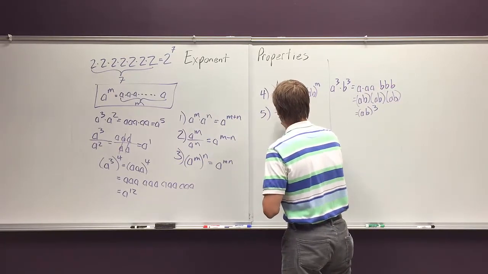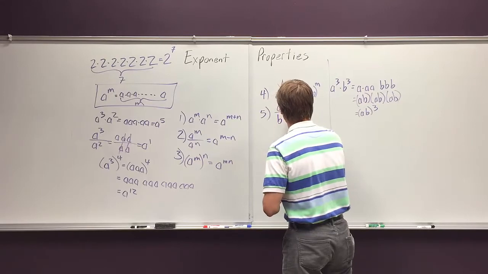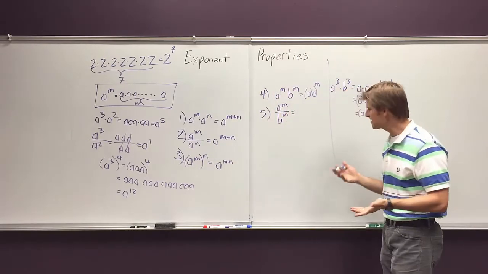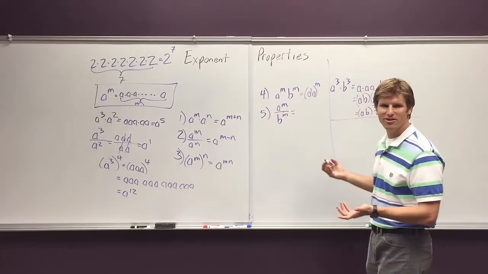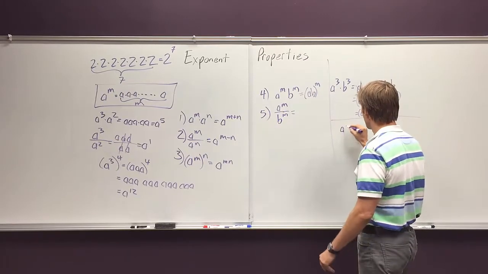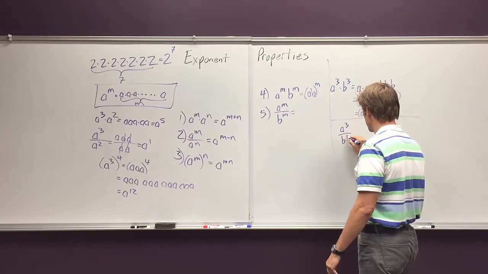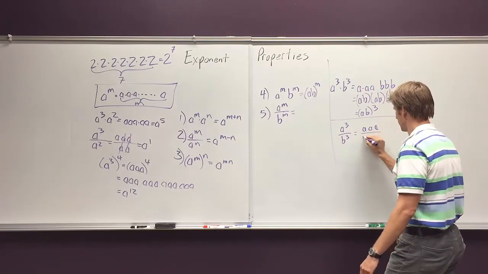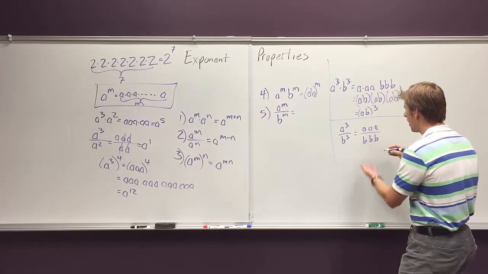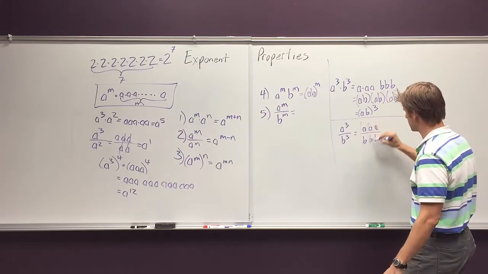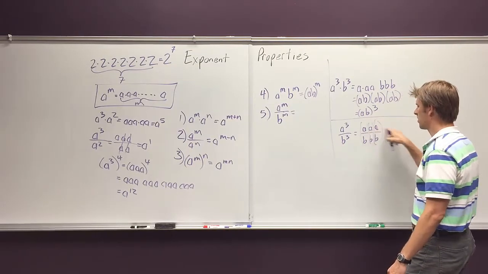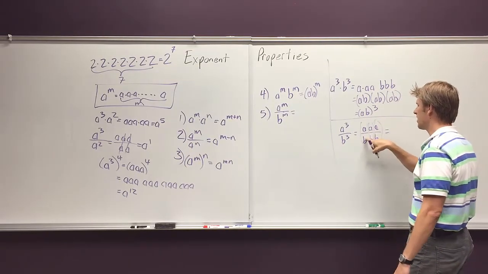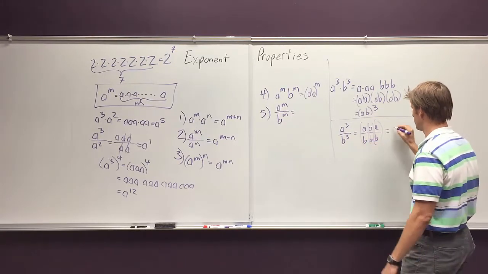You could probably guess where we're going with this. If you have a to the m over b to the m, what's going to happen here? Well, you should anticipate. We're going to go to the definition. Let's just do a little example here. A to the third over b to the third. What's that going to be the same as? A over b, well, you could always put parentheses there, just reassociating and then moving the division.